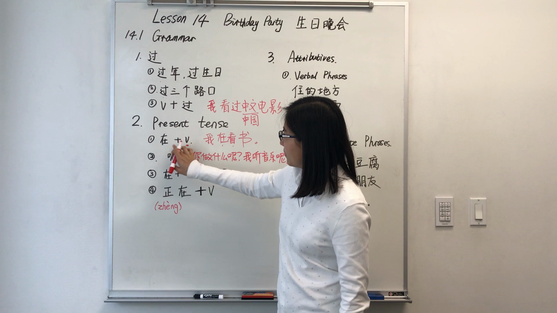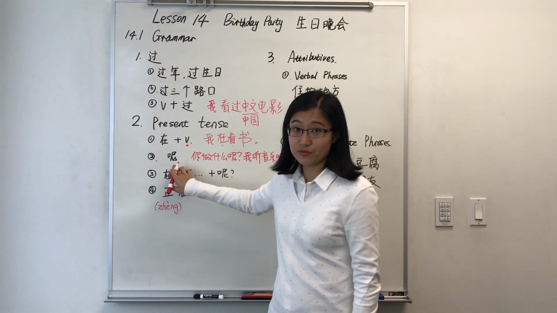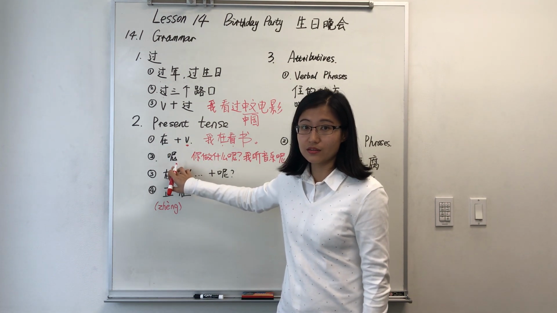Next one, the third one, combine the first one and second one together. That is 在 plus verb and then at the end of the sentence we add 呢.